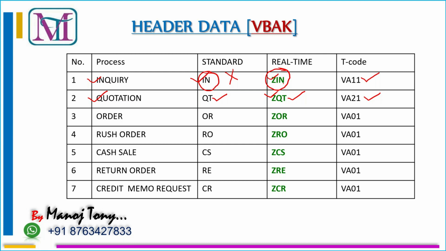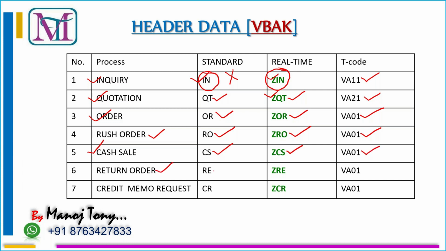Z means customized. Okay. So standard sales order, OR, new sales document type ZOR, transaction code to create OR is VA01. Rush order, standard sales document type RO, new ZRO, transaction code VA01. Next process is cash sale, standard CS, new ZCS, transaction code VA01.